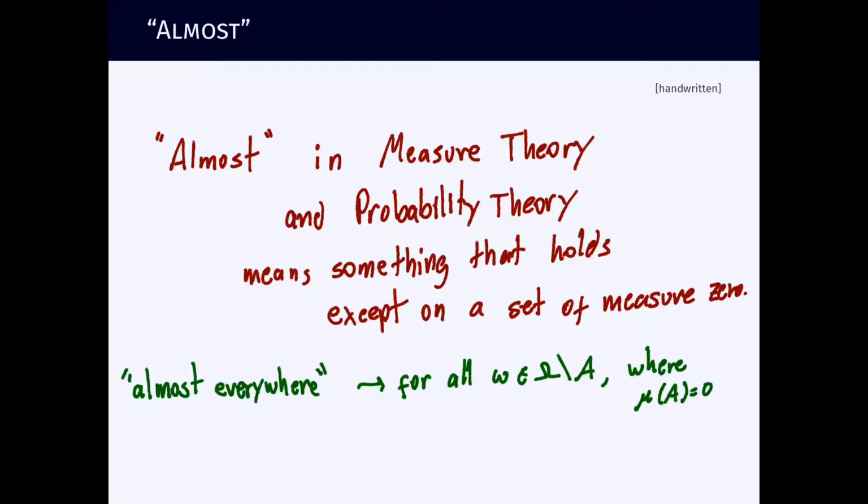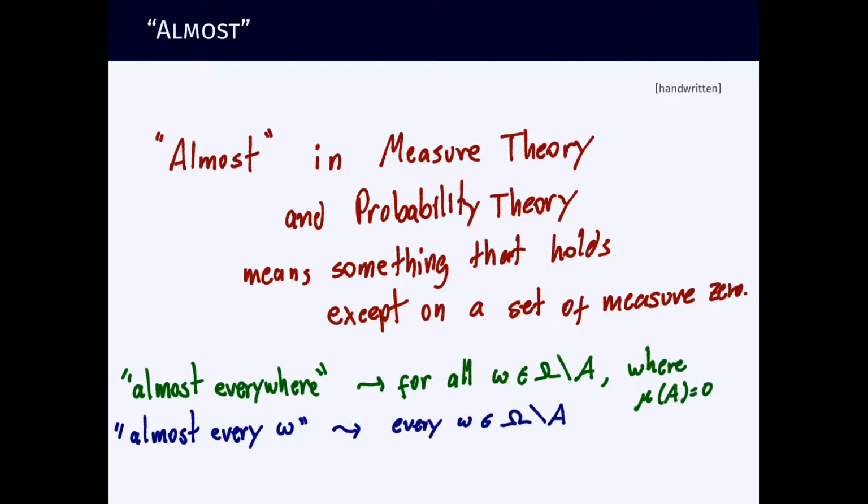So when we say that one thing happens almost everywhere, it means there exists some set A whose measure is zero, such that this property holds for every omega which is not in A. So it's not really everywhere, we accept the existence of an exceptional set of points where this property fails to hold.